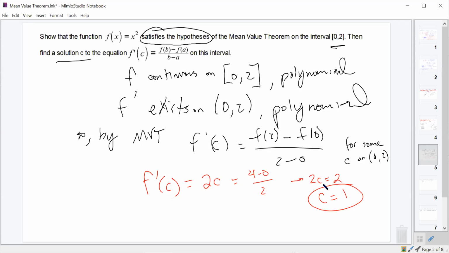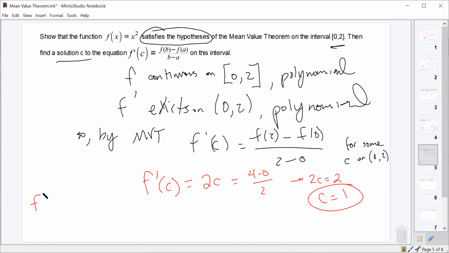And that's the place where the tangent line is parallel to the secant line through 0, 2. And let's write the equations of both of those lines. So if I have a line that goes through the point 0, 0, and has a slope of, what is the slope going to be?